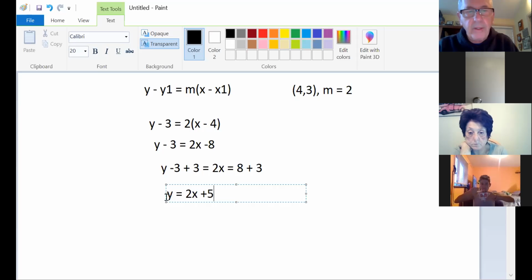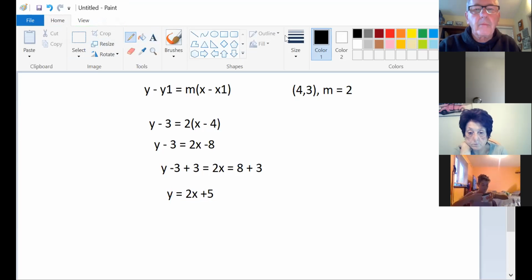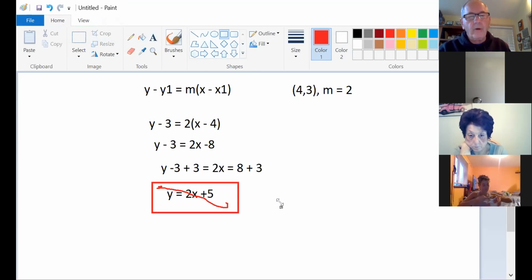Sorry, it's minus 8 plus 3, so that's 5. So I've got to redo this one. Now I've got y is equal to 2x plus 5, because minus 8 plus 3 is minus 5, so it's 2x minus 5. Does that make sense? I was just trying to show that by using this formula, by knowing a point and knowing a slope, I can figure out what the linear equation is, just put in the terms of y is equal to mx plus b.